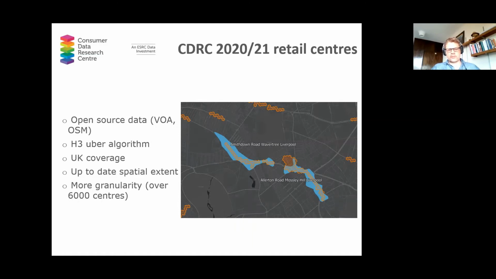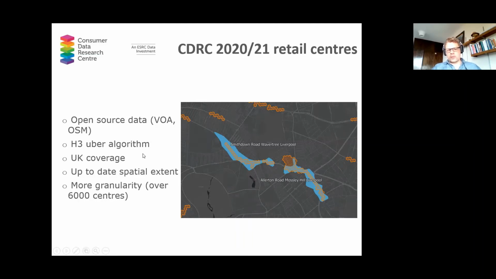In terms of methodology, we use the hexagonal grid H3, which was developed by Uber, the very same Uber H3 algorithm, to delineate retail centers. We use spatial resolution 11, which gives us about 25 meters of edge, equivalent to about 50 meters of diameter for each hexagon.